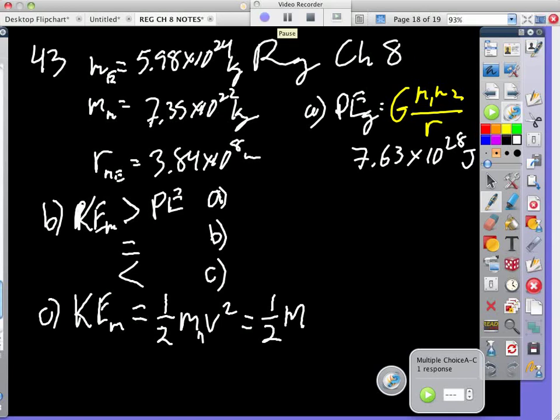This is going to be 1/2 m v squared, and the velocity is going to be distance over time. So it's going to be 2 pi times the radius of the moon's orbit around the Earth, 3.84 times 10 to the 8th, over the time, which is 28 days times 24 hours times 3,600 seconds.